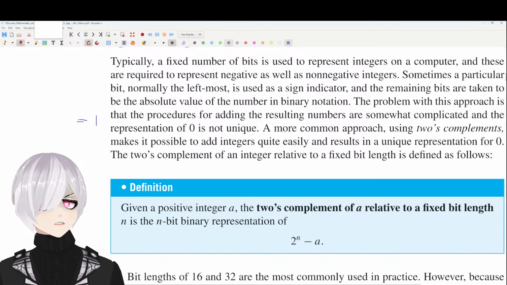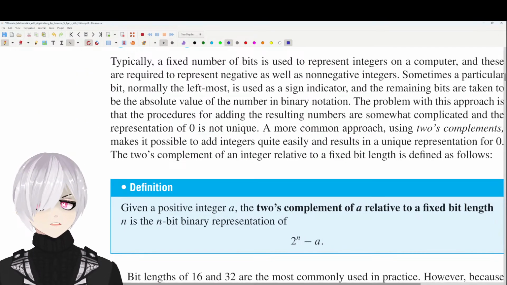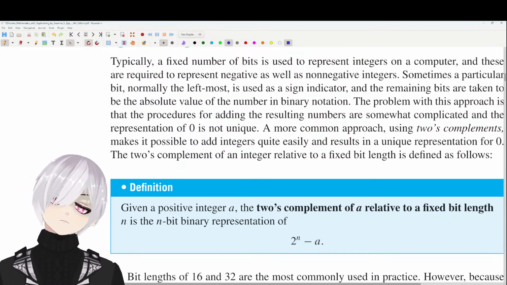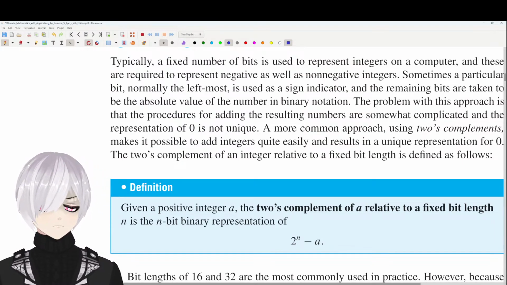So I guess you would represent 2 as 15. And I guess you would do that because it results in a unique representation.